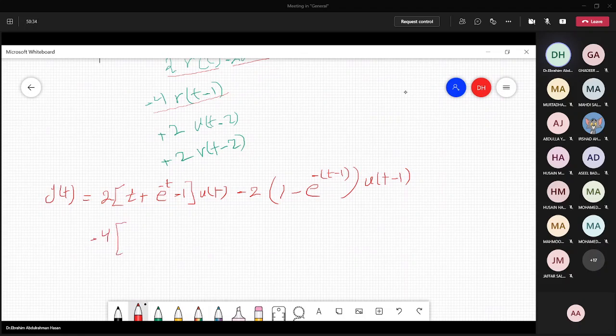So wherever you have t, it becomes t minus 1, so t minus 1 plus e to the power of minus t minus 1 minus 1, u of t minus 1. Then the output when you have 2 u of t, just repeat this one. Okay, plus 2 when you have the input r of t minus 2.